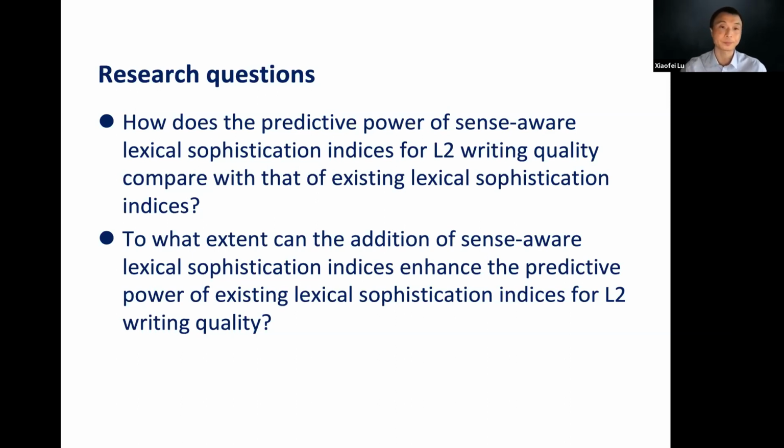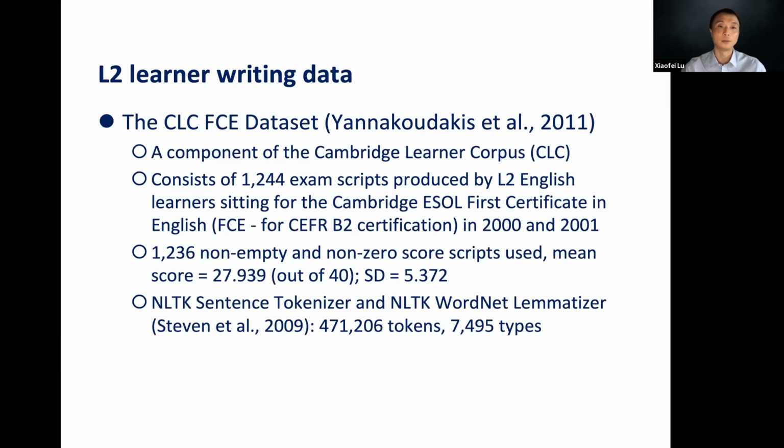adequately well. Okay, so first of all, our data set: we use the CLC FCE data set. This is part of the Cambridge Learner Corpus. It consists of 1,244 exam scripts produced by L2 English learners sitting for the Cambridge ESOL First Certificate in English in 2000-2001.